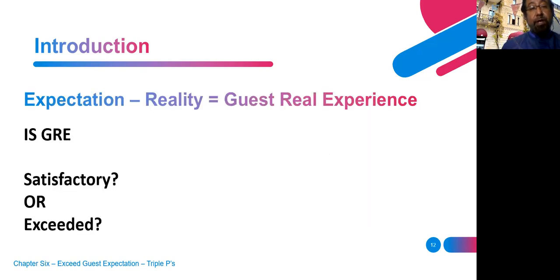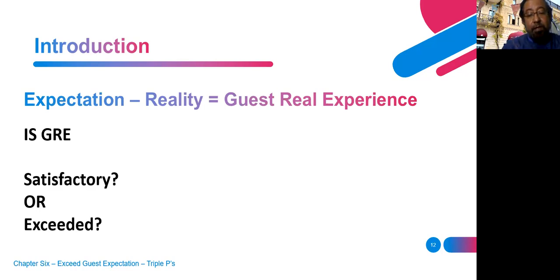This is the simple formula here: expectation minus reality is equal to guest real experience. So we are always going somewhere with our expectation. Oh, okay, how will it be? But after we stay for 1 day or 2, 3 days, and we leave the property, or maybe after we leave the restaurant, or after we leave the hotel, we are living with our real experience then.